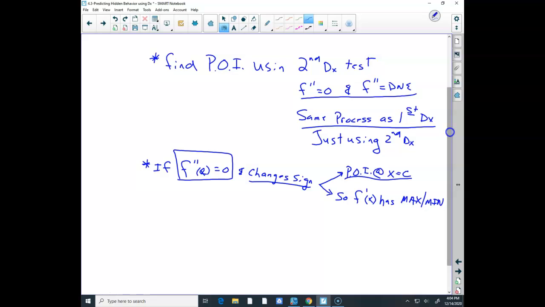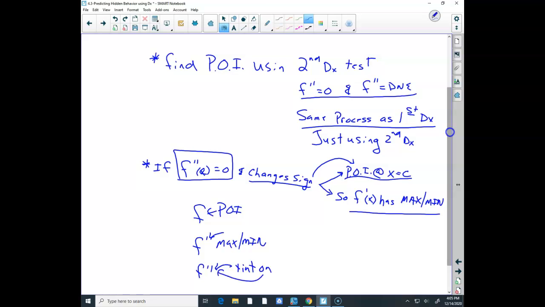That's where my function changes from concave up to concave down, so a change in sign means a change in concavity. If I was comparing f to f prime to f double prime, a point of inflection on f is a max or a min on f prime, and it's an x-intercept on f double prime.